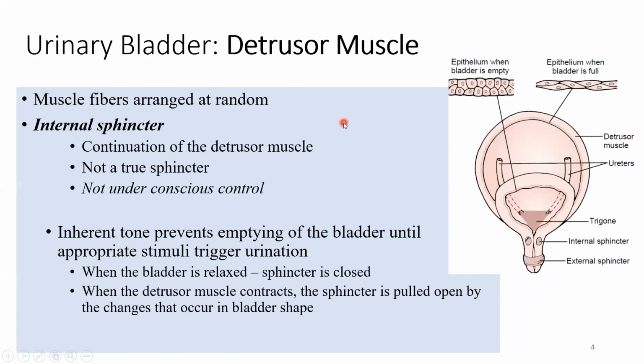Now a bit more on the detrusor is that the muscle fibers are randomly placed. So this gives a lot of tensile strength to this big muscular thick-walled, football-like structure that the urinary bladder is. And this random arrangement basically allows for symmetric contraction and relaxation of the bladder.